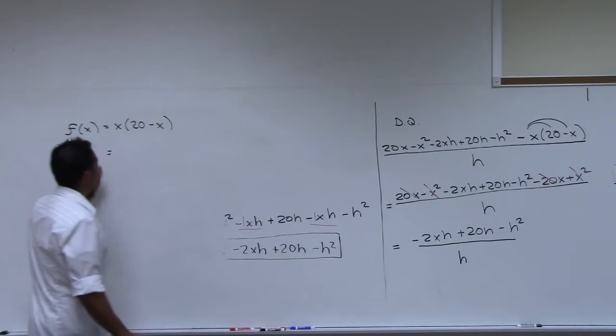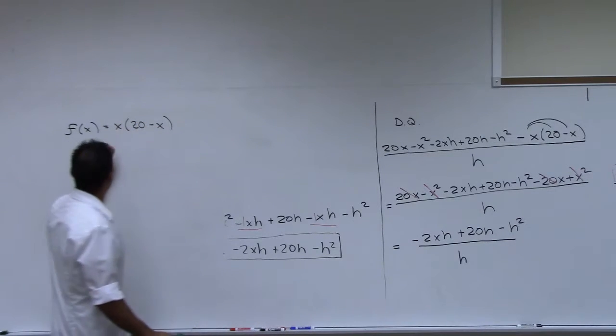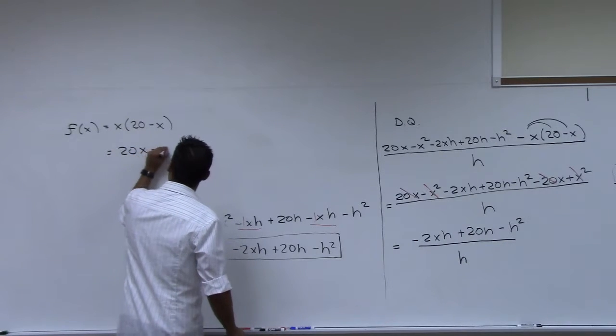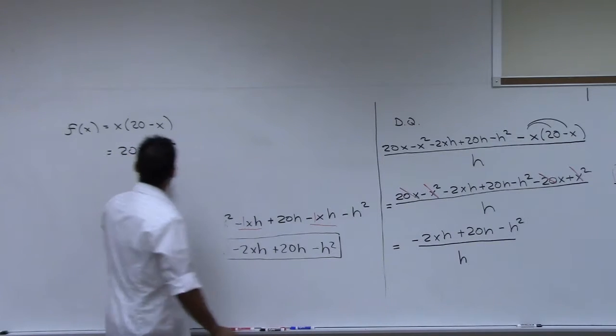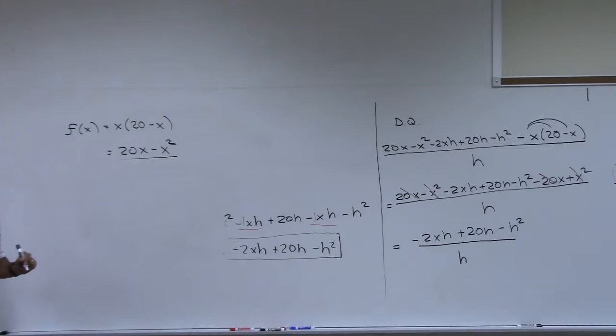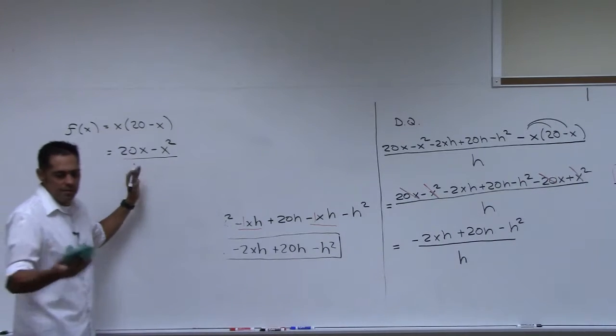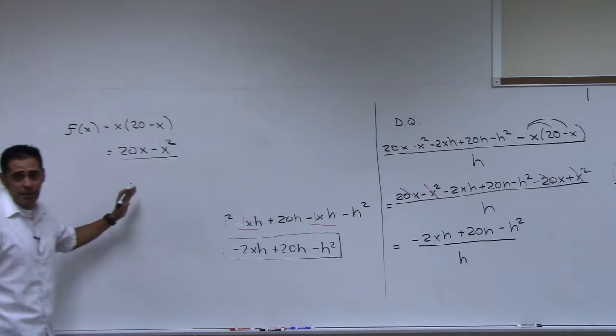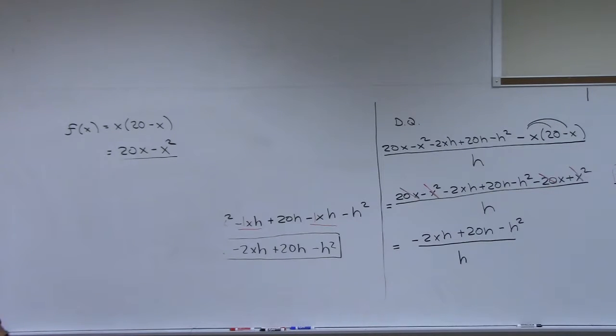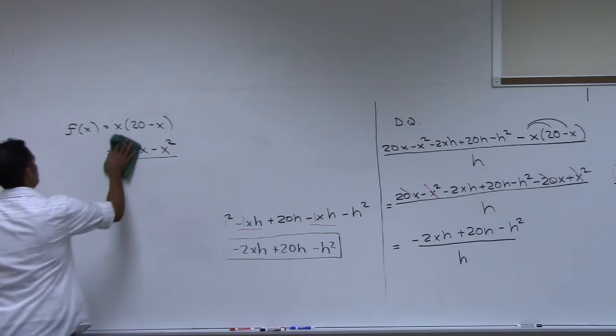You could have started this problem by just distributing the x and used that as your f of x and done everything the way we just did it, and you would get the same exact answer. So if you want, you can try it that way. The algebra is a little different, but you should still get to the same place. Understand what I'm saying? Okay. All right, that's it for that.